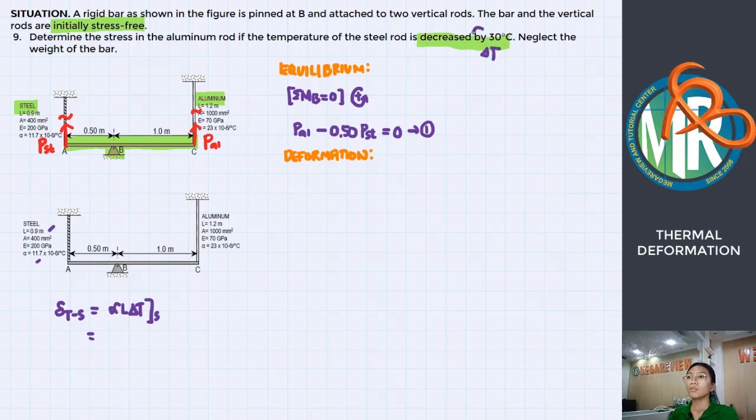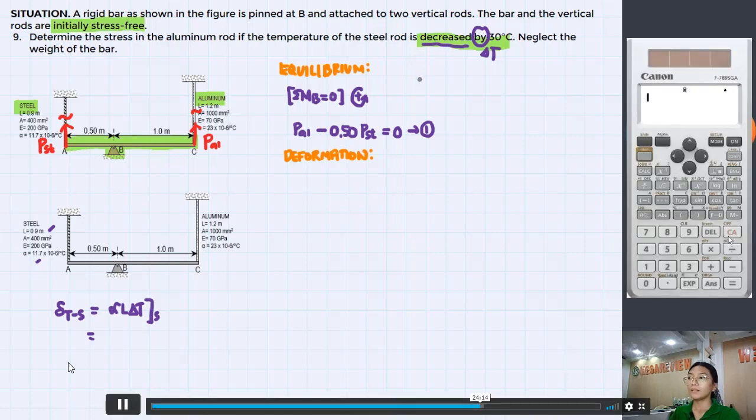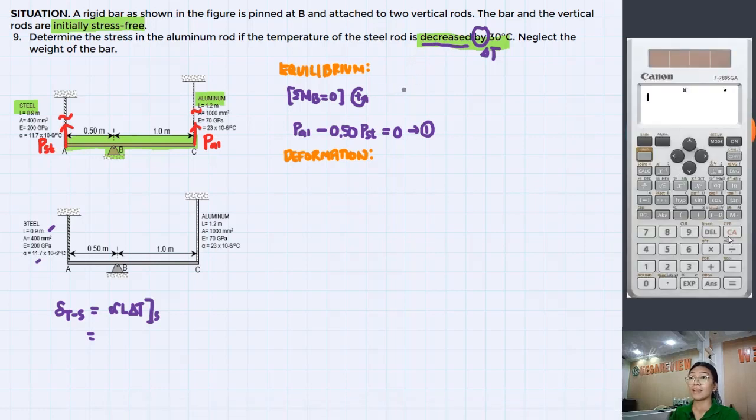That is because of the word by. Tama? Decreased by 30 degrees Celsius. So, ibig sabihin, that is already the change in the temperature, delta T. Take note na sinabi sa problem, decreased by. So, ibig sabihin, nag-cool down yung temperature dun sa steel natin. Tama?